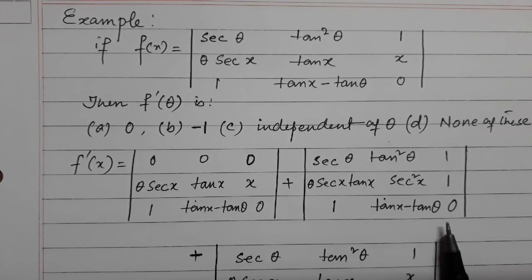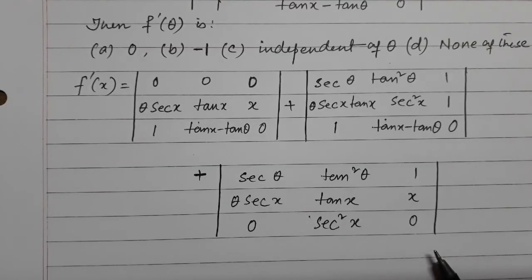And here in this term the first and the third rows will be as it is. Similarly in the third term only the third row will be differentiated, and the first and second rows will be as it is, and thus we get the third term as this determinant of sec theta, tan square theta, 1; theta secant x, tan x, x; 0, secant square x, 0.